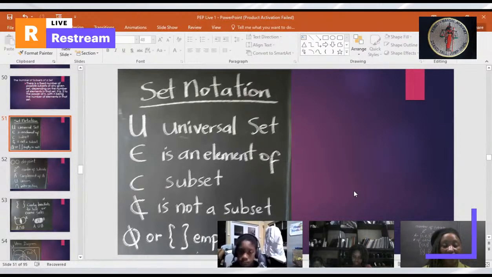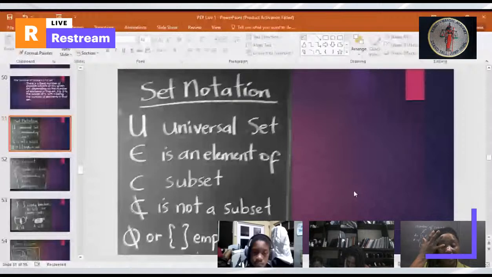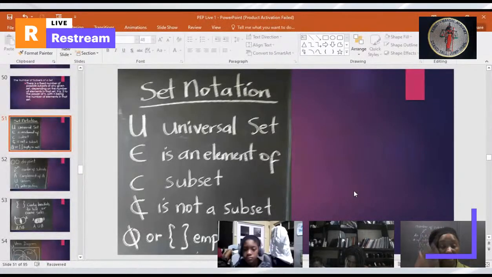That curved E looks like a capital E, but it's not straight, it's curved. It means is an element of. So if I write 16 and put that symbol and put B, I'm saying 16 is an element of set B. The C, or what looks like a C, is a symbol for the subset.